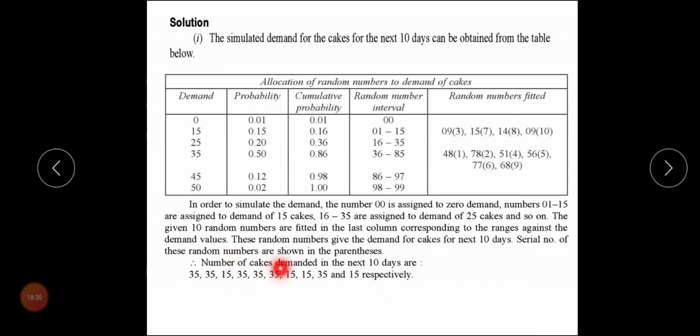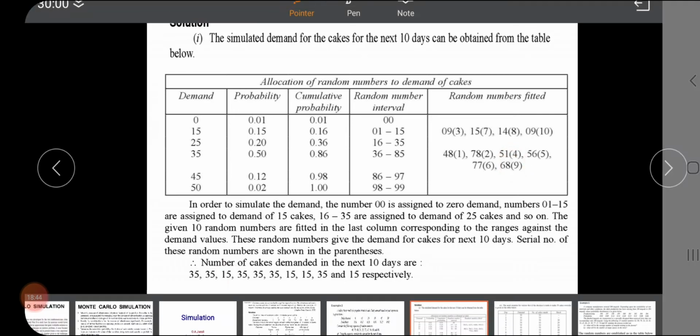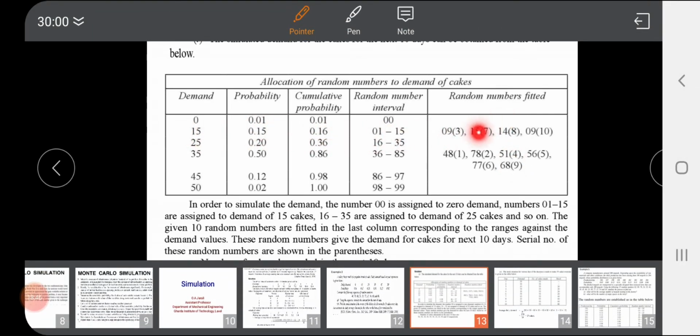So the number of cake demands in the next 10 days are 35, 35, 15, 35, 35, 35, 15, 15, 35 and 15 respectively. Here 35 means it is fitted in this particular row, and 15 means it is fitted in the second row.